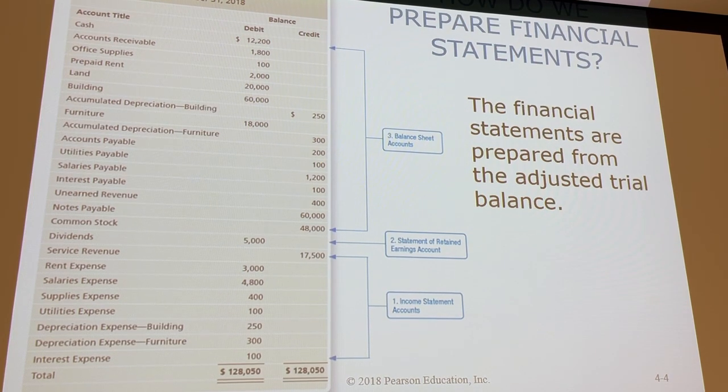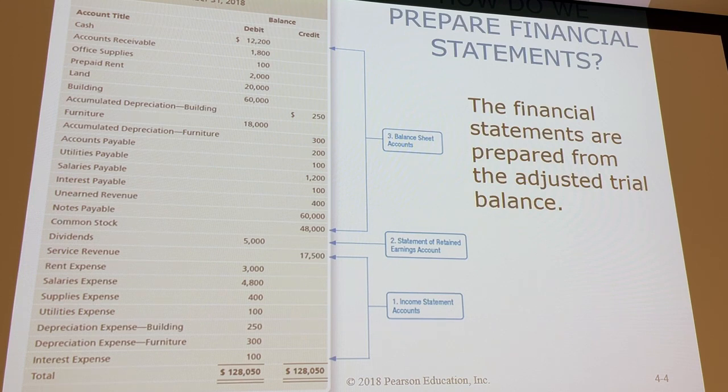We prepare the financial statements from the adjusted trial balance that we talked about last week. Normally we try to list the accounts on the adjusted trial balance in a certain order so that it will be easier for us to prepare the financial statements. So normally the accounts listed closer to the top of the adjusted trial balance are the ones that are going to go on the balance sheet.